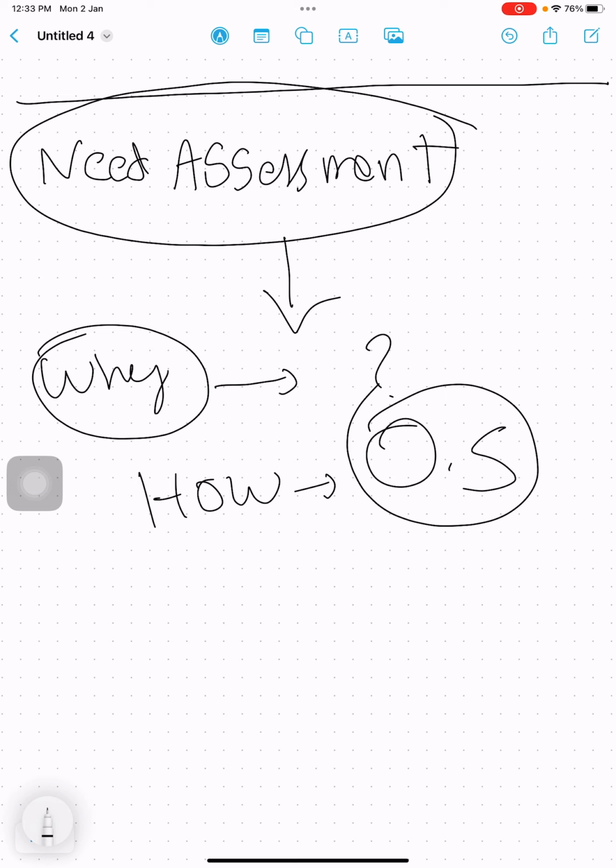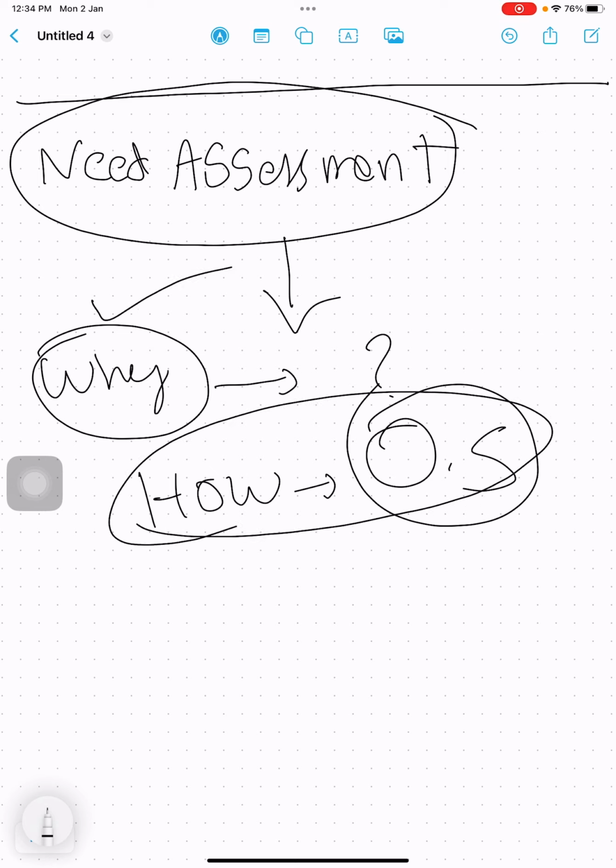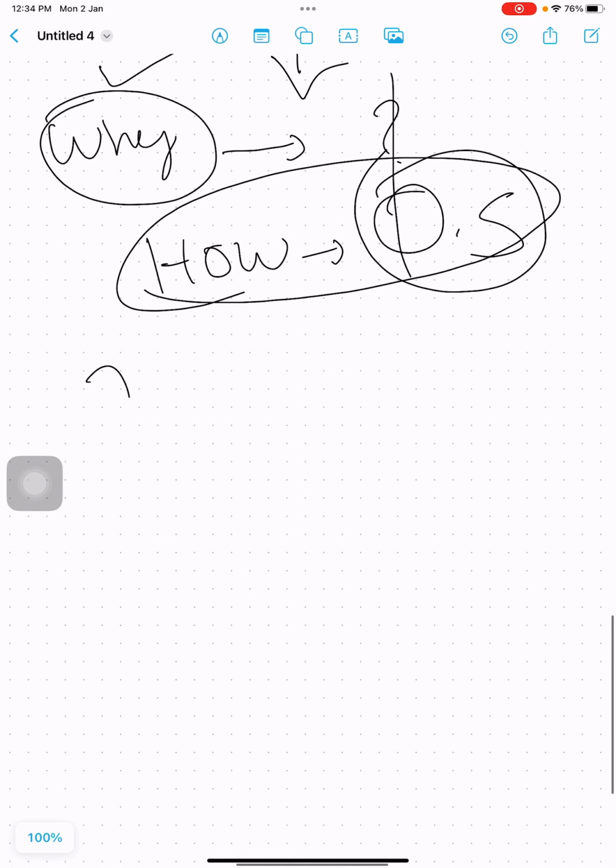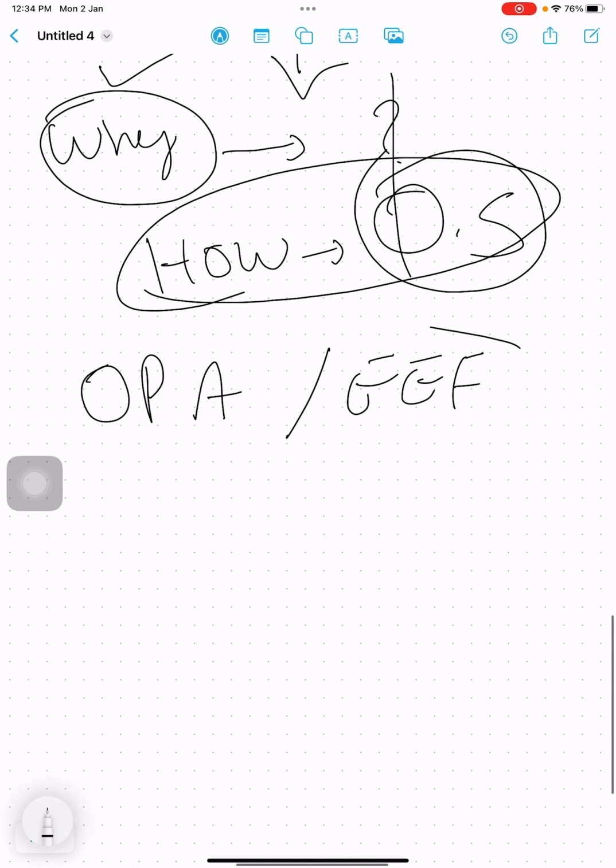As we discussed before, organizational strategy is the most important thing which is driving every single thing. Why this project is needed, how it adds to the organizational strategy, and then of course we will look at the OPA and EEF, how it adds to that.